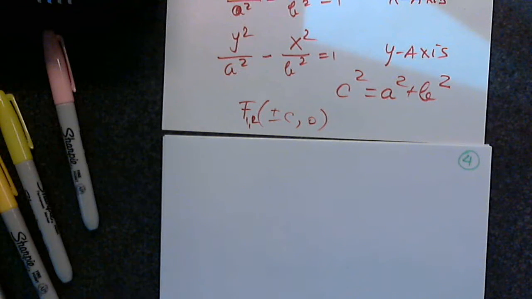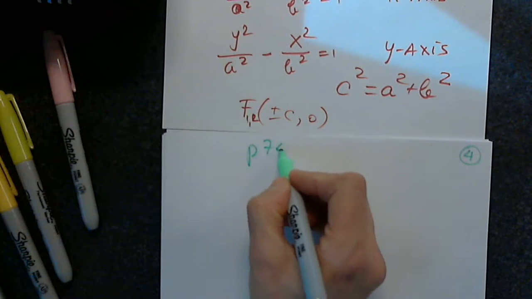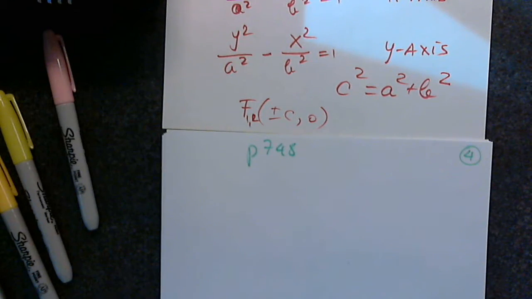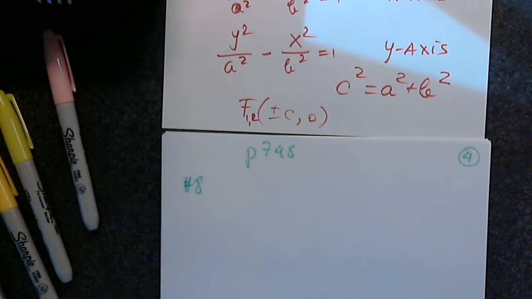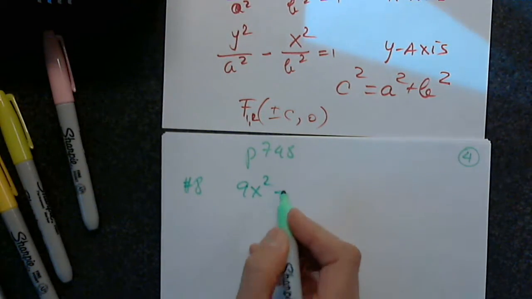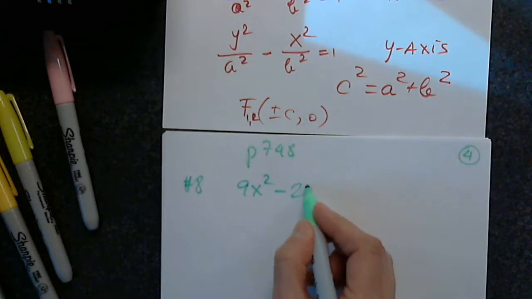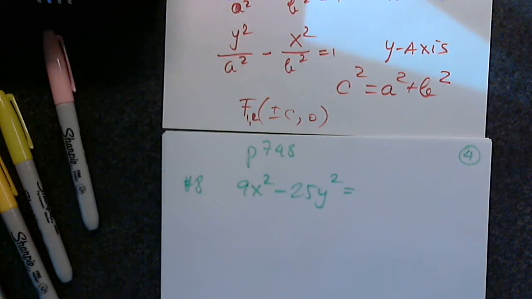So we're on page 748, and we're looking at 5 through 8, 9 through 20, 21 through 22, 31 through 42. I'm going to choose 8, in which we have 9x squared minus 25y squared equals 25.